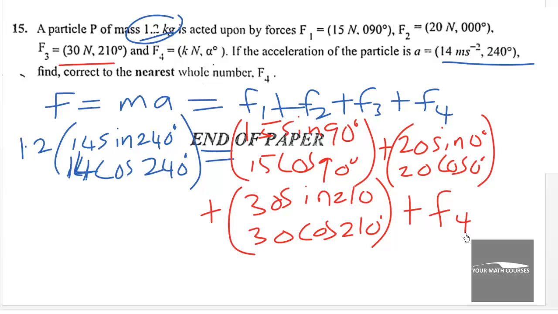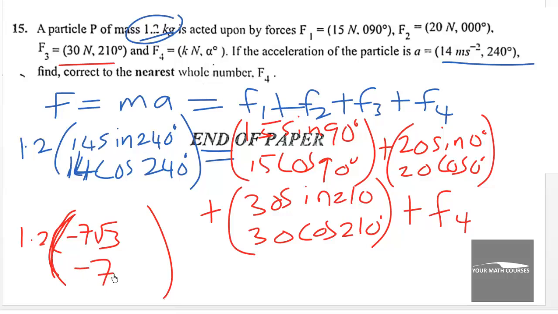So we need to simplify this. 14 sine 240 will give us negative 7 root 3. So we have 1.2 times negative 7 root 3. Then we have negative 7 here. And this is supposed to be equal to 15 sine 90 is 15.